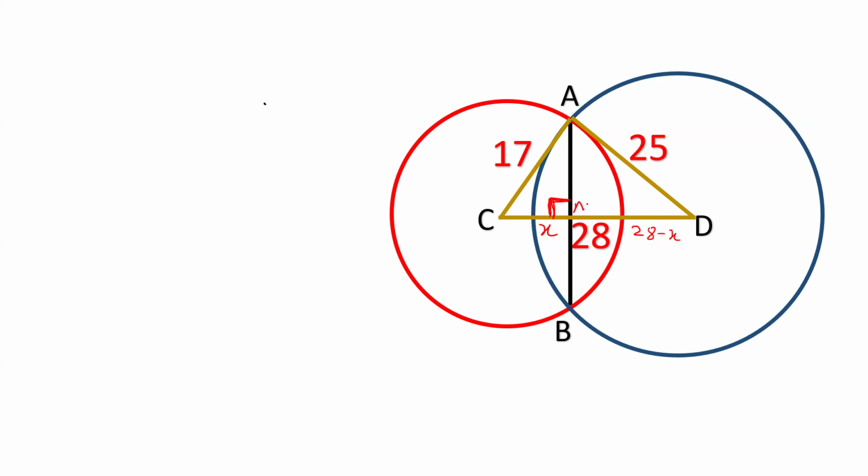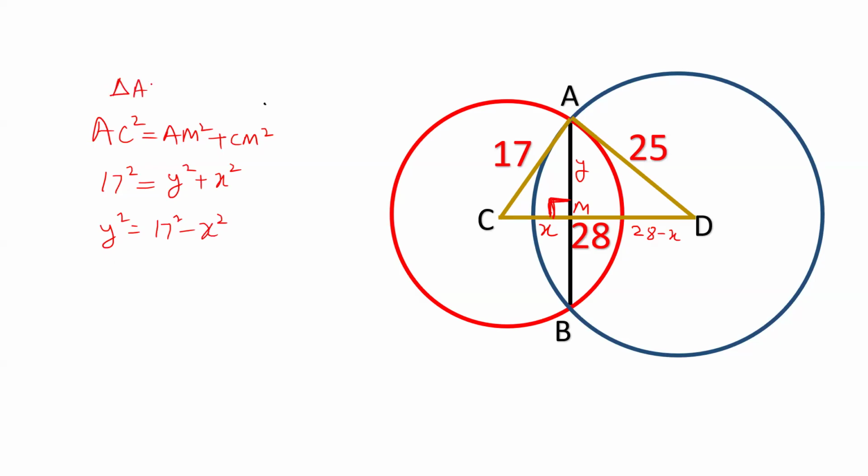Then in triangle AMC, AC square equals AM square plus CM square. AC is 17, AM let's say y, and CM is x. So y square will be 17 square minus x square.